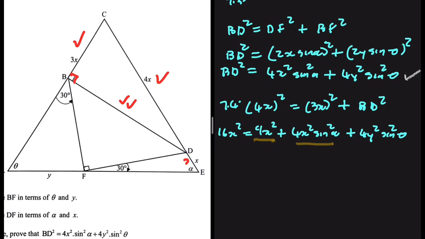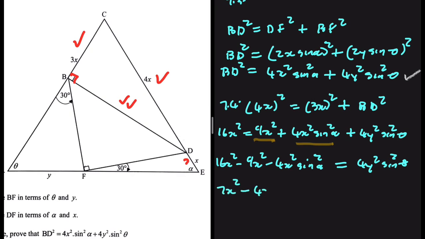If we take those to the left-hand side, we're going to have 16x squared minus 9x squared minus 4x squared sine of alpha squared being equal to 4y squared sine of theta squared. So what is 16x squared minus 9x squared? That is 7x squared, and then minus 4x squared sine of alpha squared. This is all equal to 4y squared sine of theta squared.